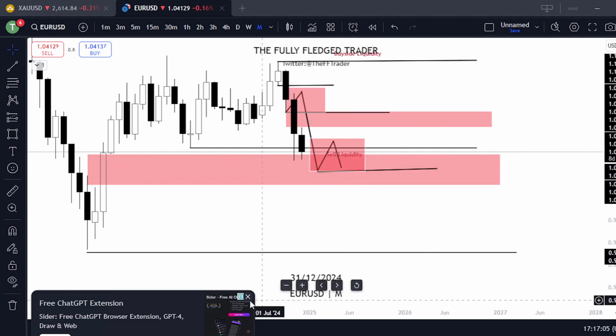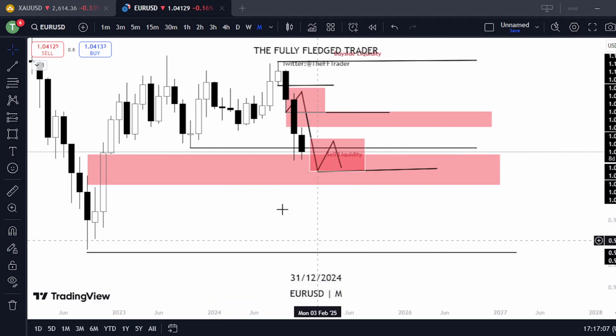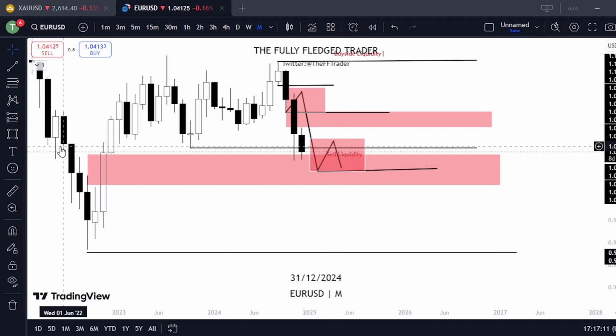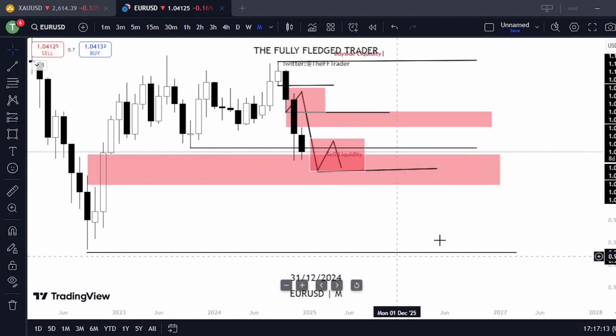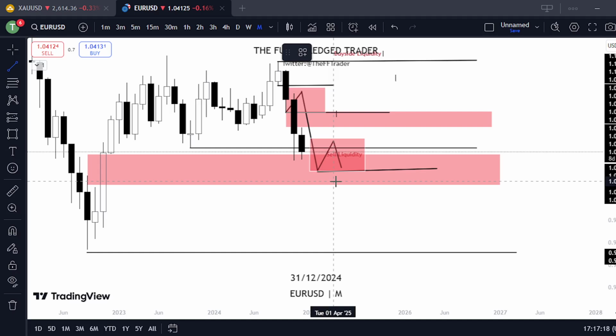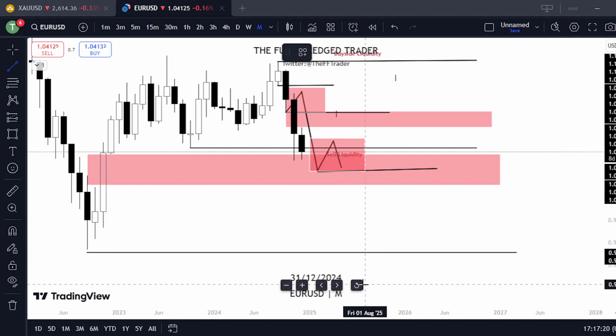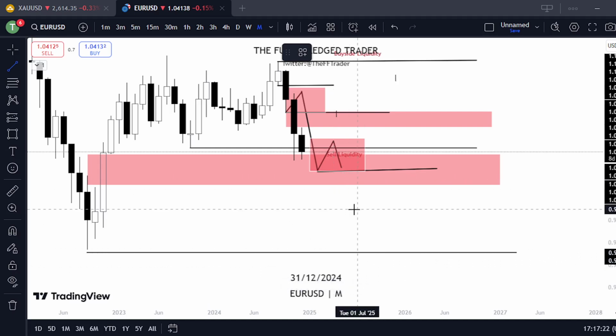That kind of consolidation there tells me that there is liquidity which is being absorbed in this range, and once that is done, we are going to see price trade lower and lower and reach for this old low here.